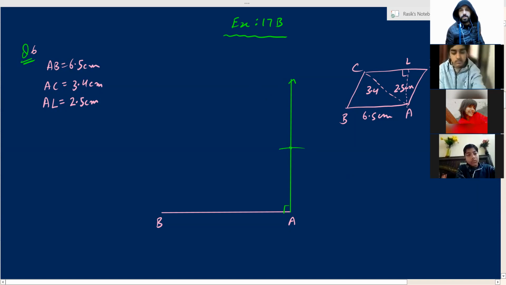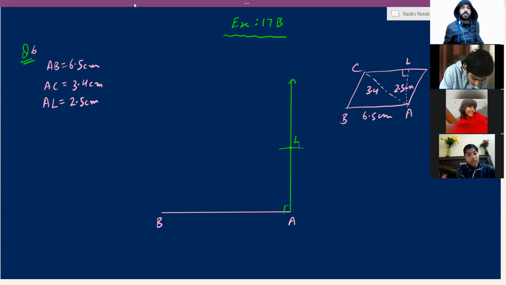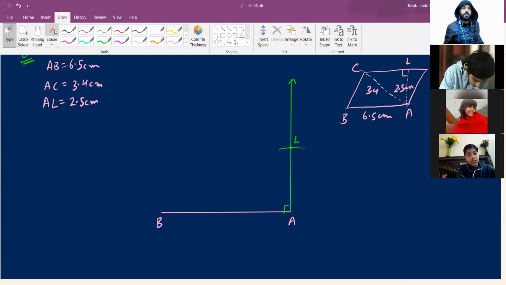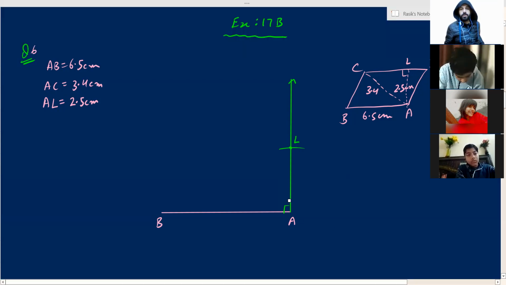This is L. This is not C, this is not D. It is point L. AL is the altitude of the parallelogram. Altitude means height. Height, altitude, perpendicular, I have told this before also. All these words mean the same.